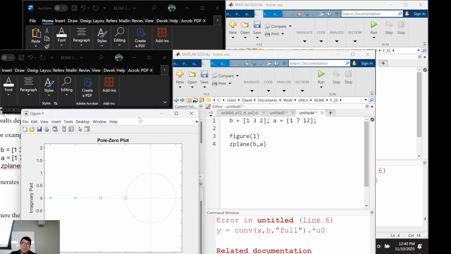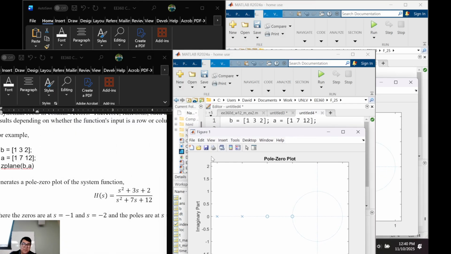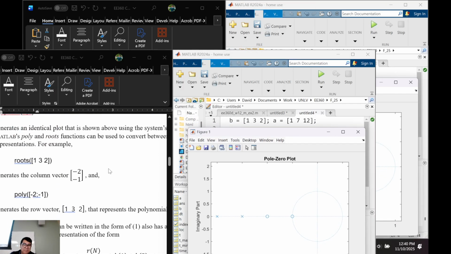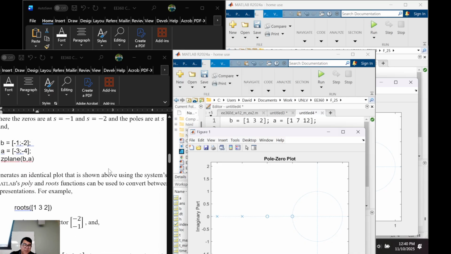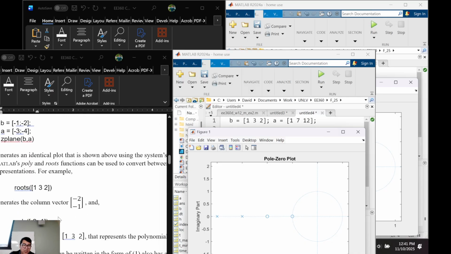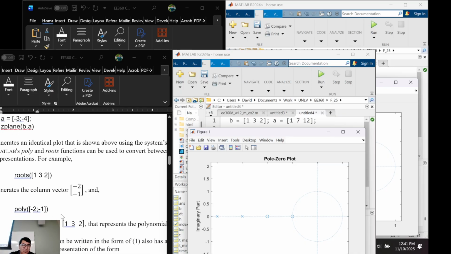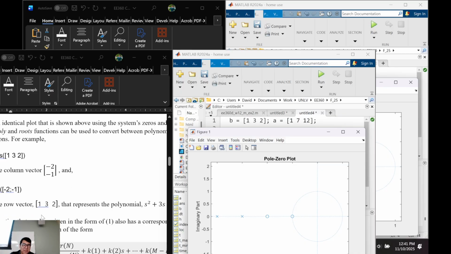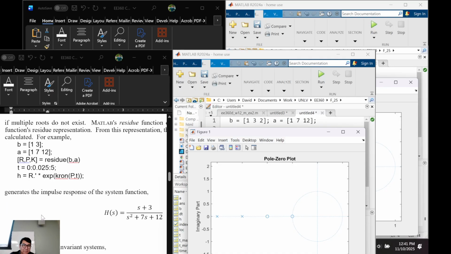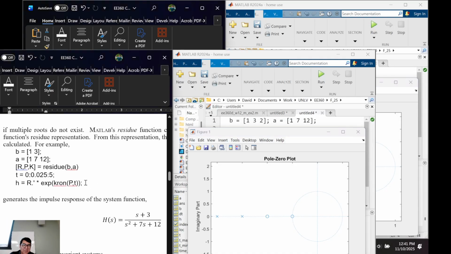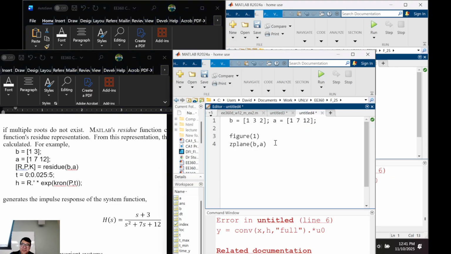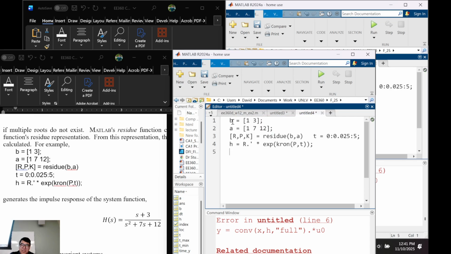All right. Let me see. I want to show you guys something. If I wanted to show you poly roots, let me show you this. Now let me show you this guy right here. What does this guy do here? Okay, 1, 3, RPK residue.